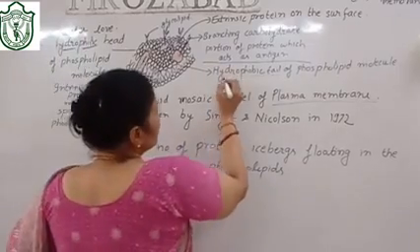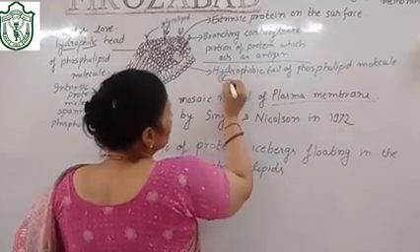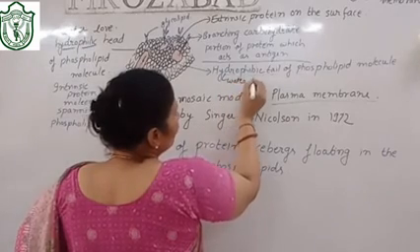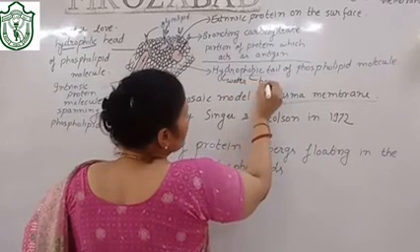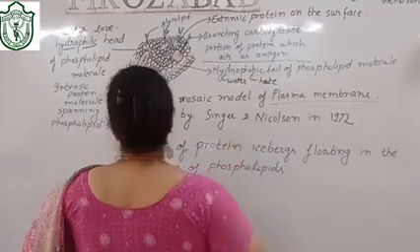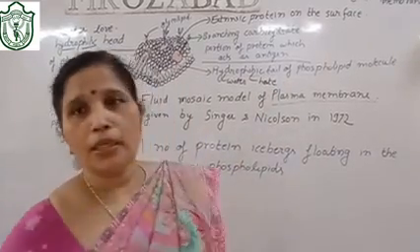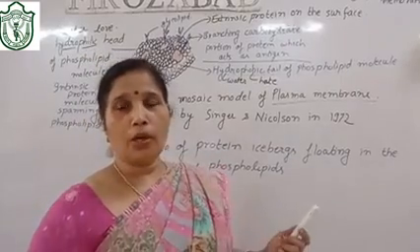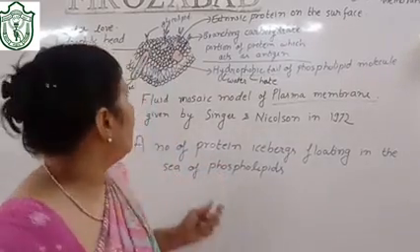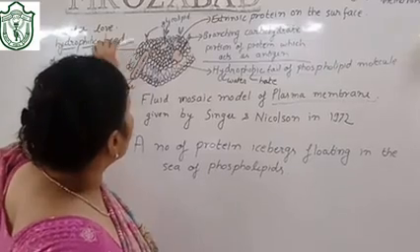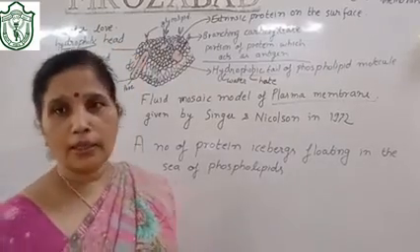Hydro means water, and phobic means hate. So what do you think? Does this middle portion hate water? This portion can be called loving of the organic things, and this portion loving of the inorganic things.